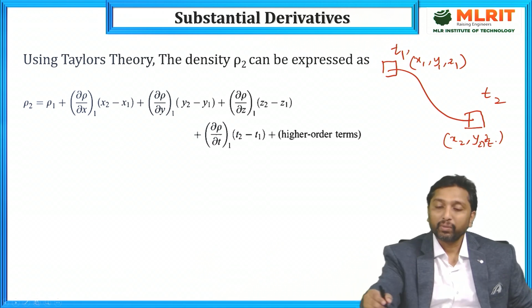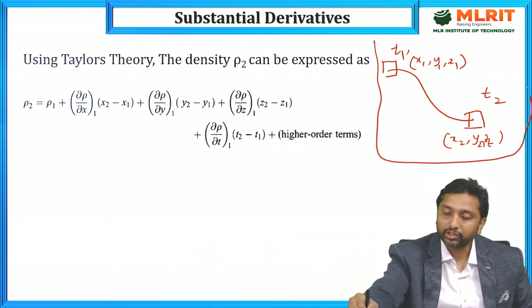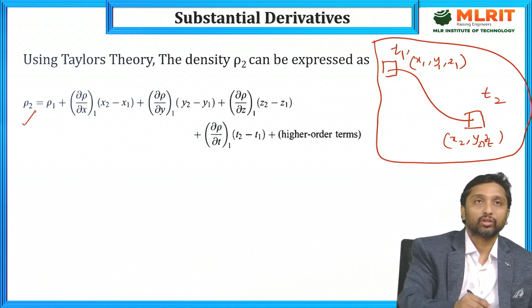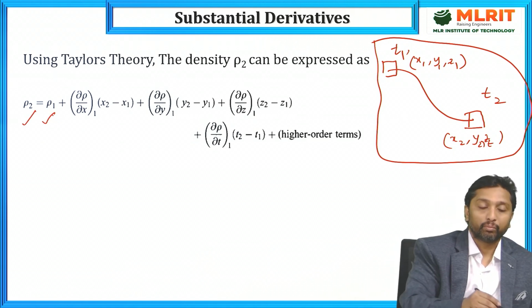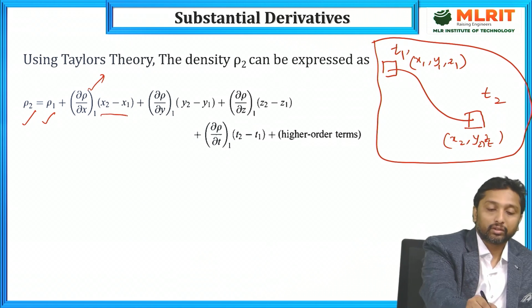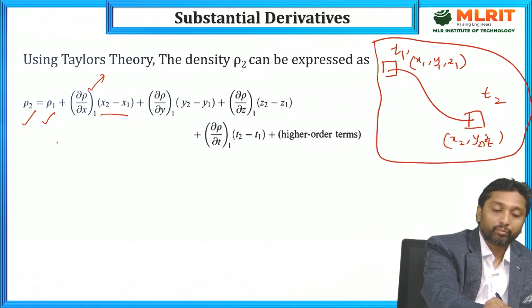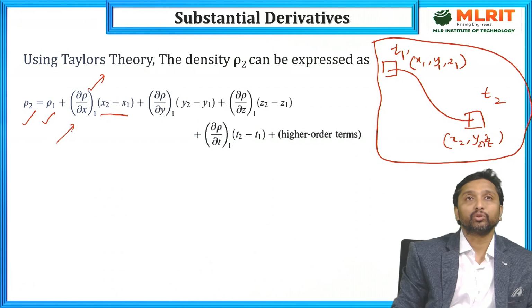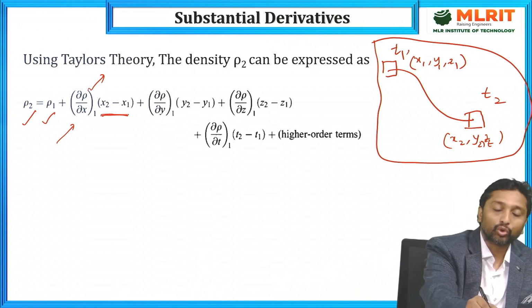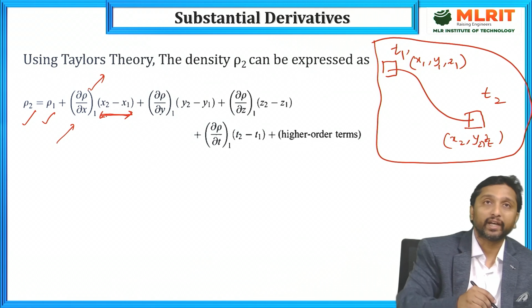So when we apply Taylor's theorem to this scenario, we can write rho2 as rho1 plus dou rho by dou x, which is the variation of density with respect to space in direction x, times the total distance travelled, x2 minus x1.